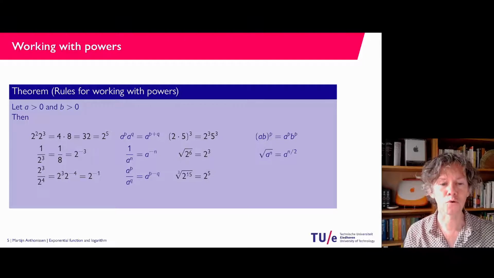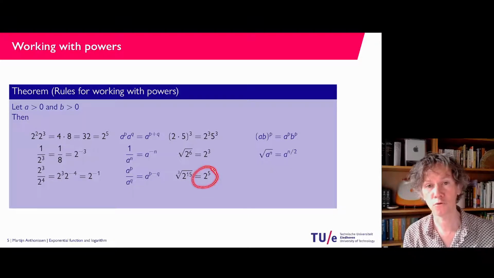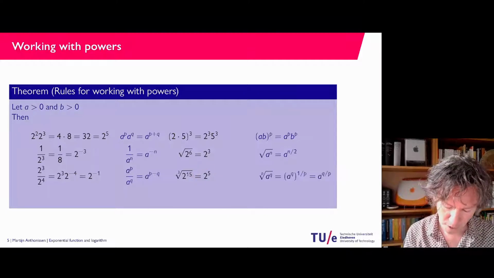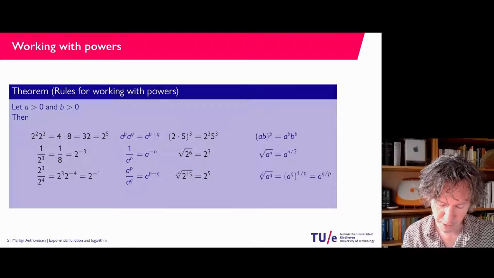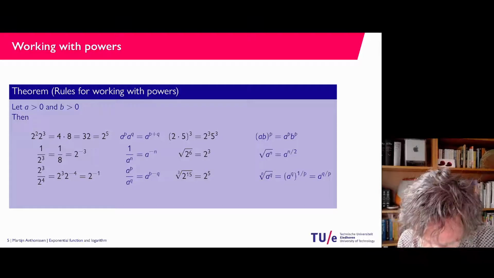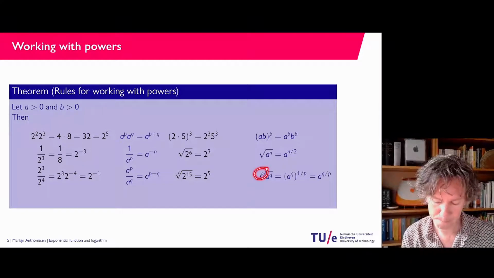The cubic root, the third root of 2 to the power 15 is 2 to the power 5, because if you do 2 to the power 5 times 2 to the power 5 times 2 to the power 5, you get 2 to the power 15. And the general rule is if you have the pth root, so here it says a 3, but sorry, it's a p here, it's a bit small, that's the same as to the power 1 over p.